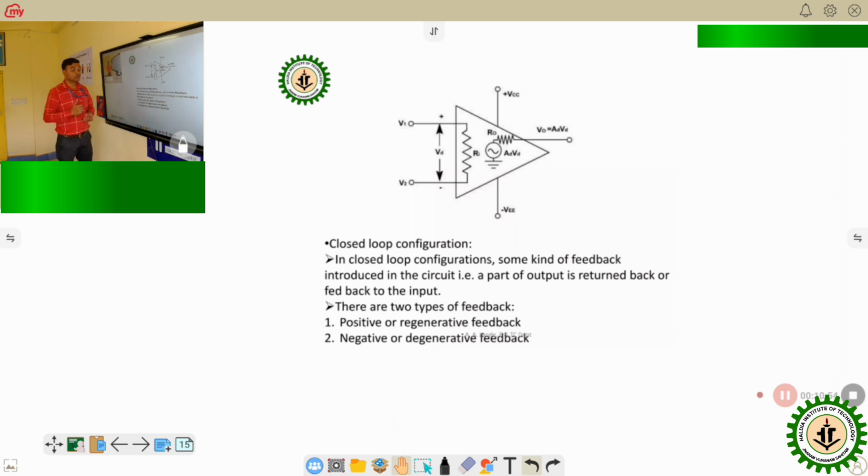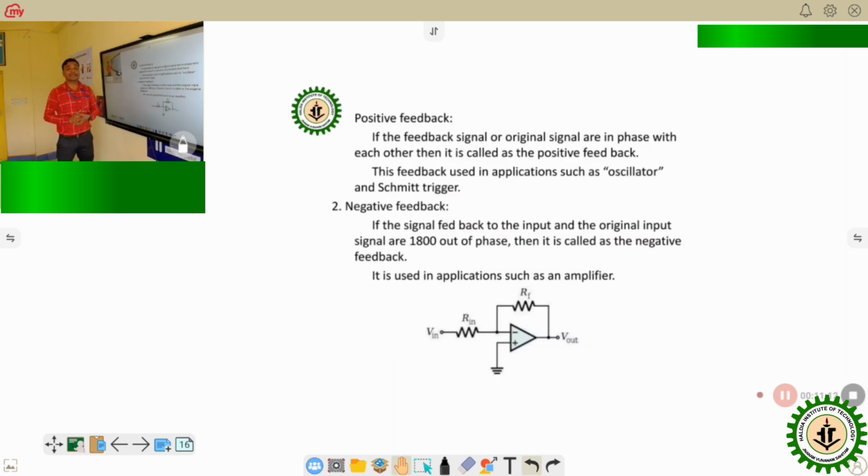It may be positive or negative. On the basis of which terminal the output is fed into, there are two types of feedback: positive feedback and negative feedback. Positive feedback: if the feedback signal, or the output of the op-amp, is fed into the positive terminal of the op-amp, this is known as positive feedback.